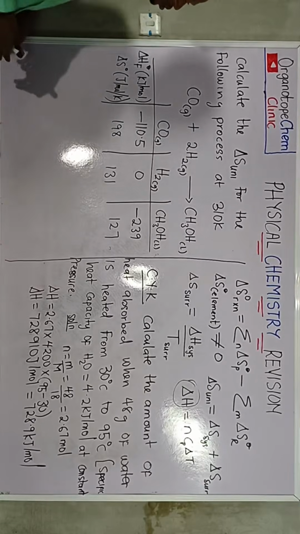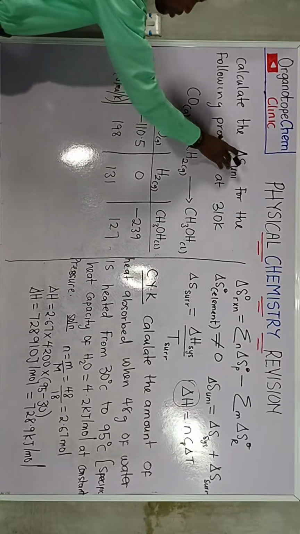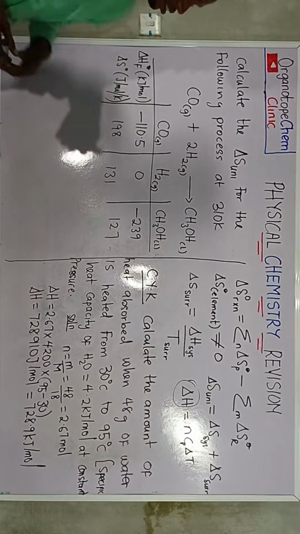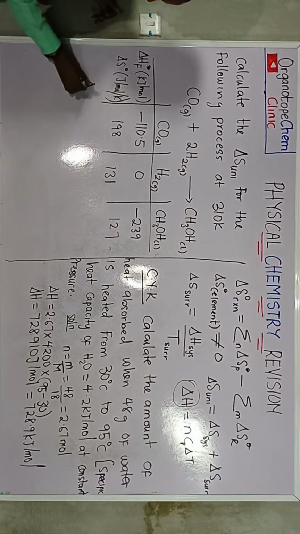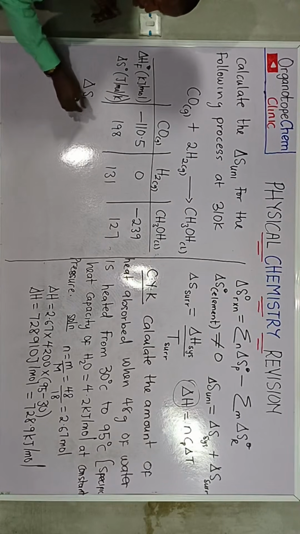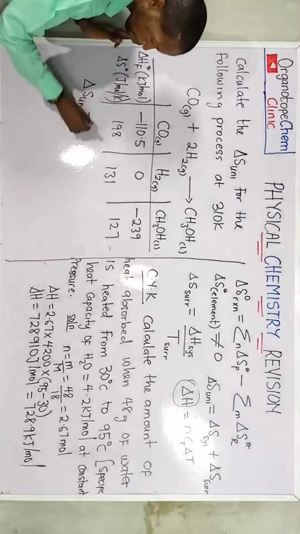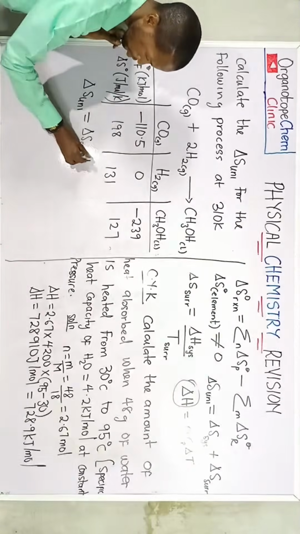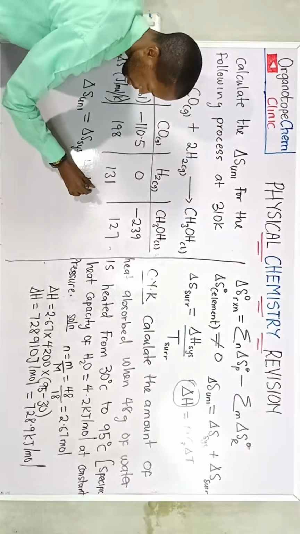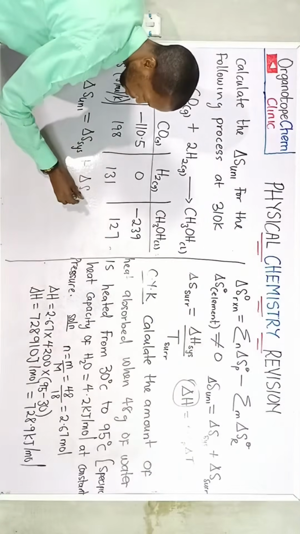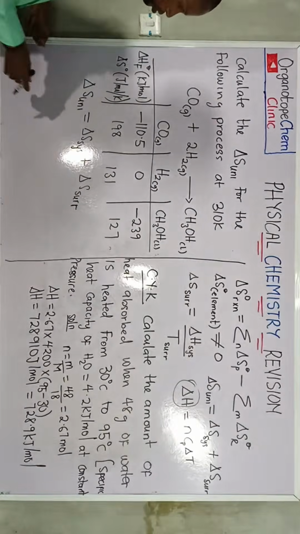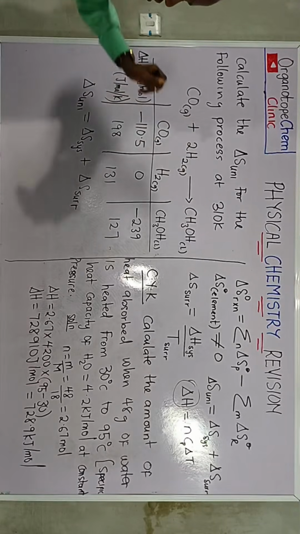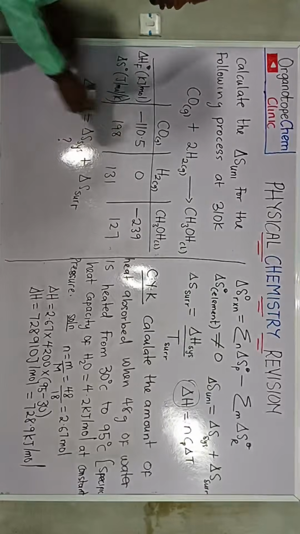Now, can we look at the table closely? We've been asked to determine the entropy of the universe. In order to get the entropy of the universe, we need to determine the entropy of the system as well as the entropy of what? The surrounding. In the question, do we know the entropy of the system? No. So we need to find the entropy of the system.